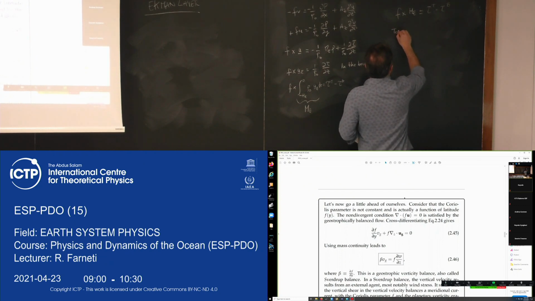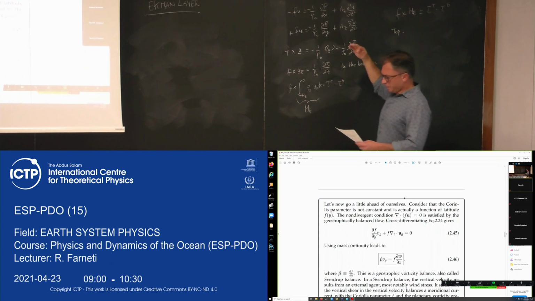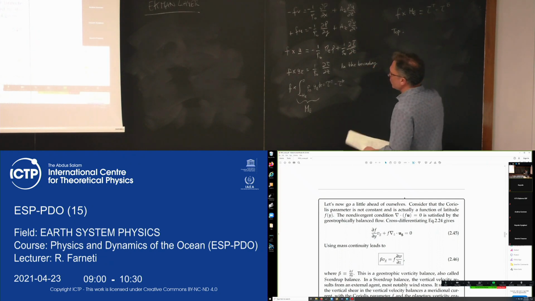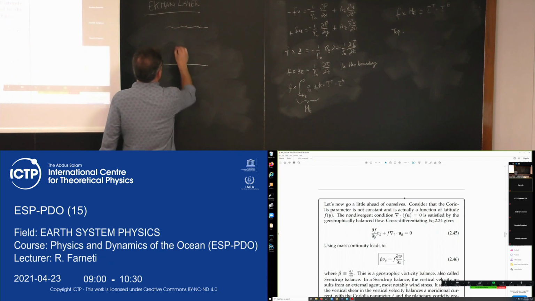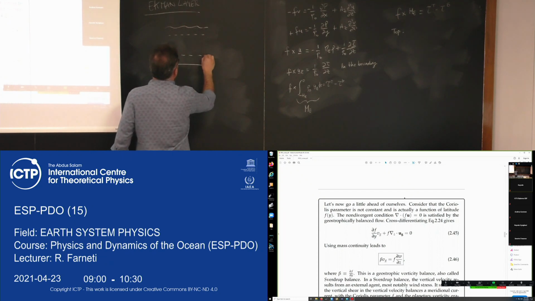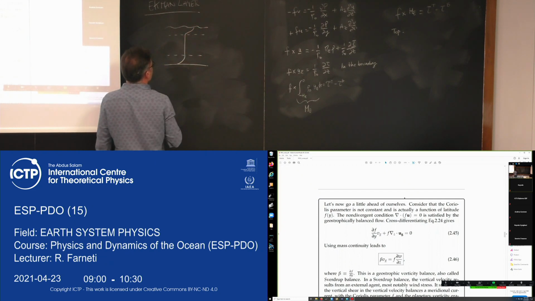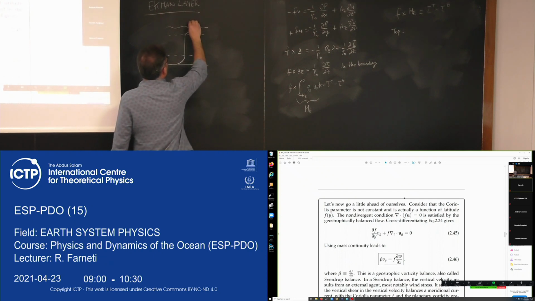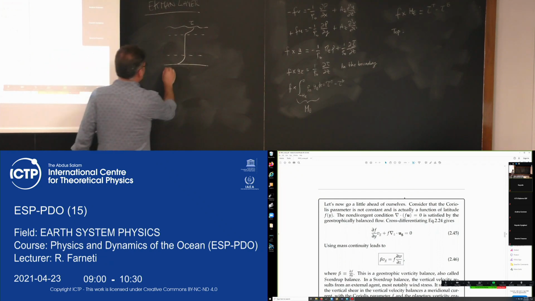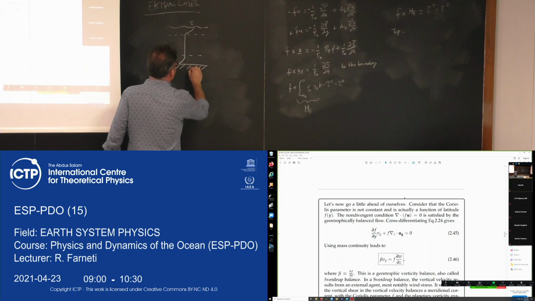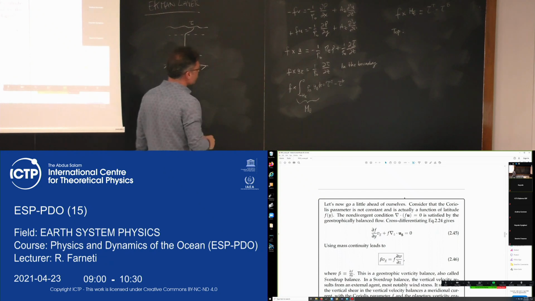Now if we consider a top boundary layer and a bottom boundary layer, here my frictional forcing is, for example, wind stress, and at the bottom my frictional stress is bottom drag, for example.